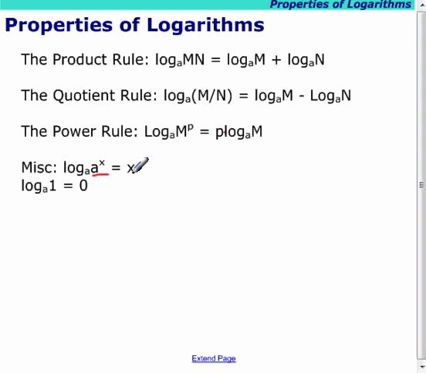It's raised to the x. So that's the answer. Also, to what exponent must I raise a to get 1? If ever I have a 1 here, it doesn't matter what the base is. If I have log with any base and there's a 1 here, to what exponent must I raise this to get a 1? It's always 0. So it doesn't matter what the base is.